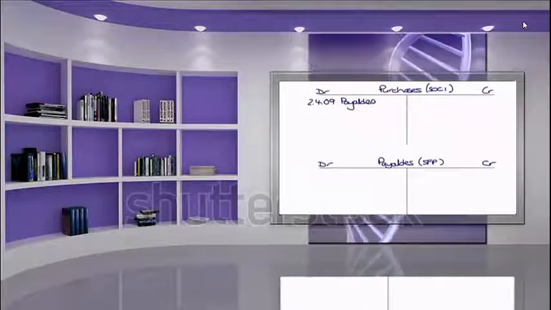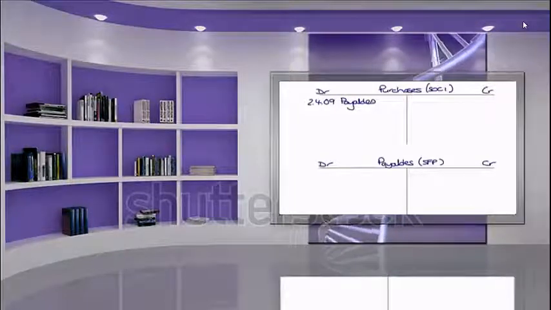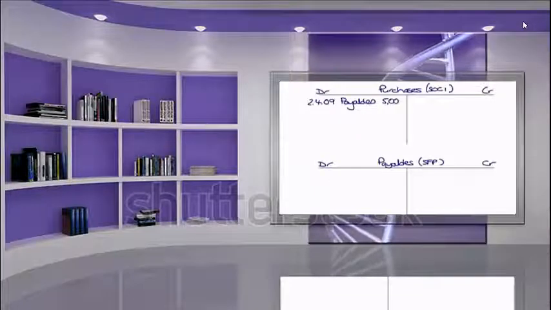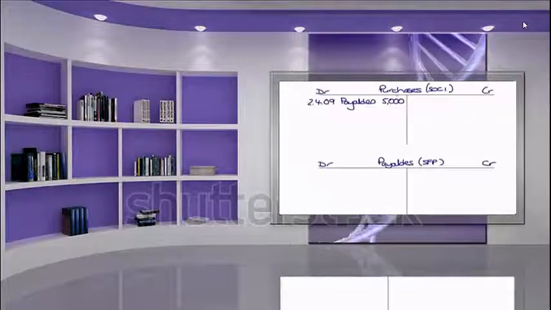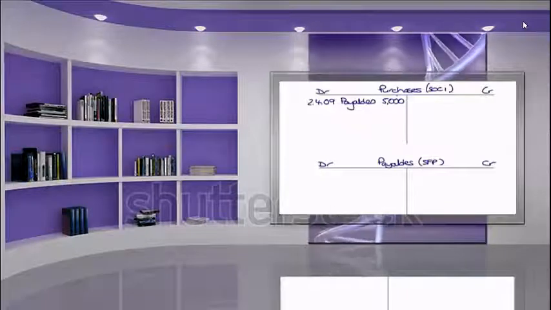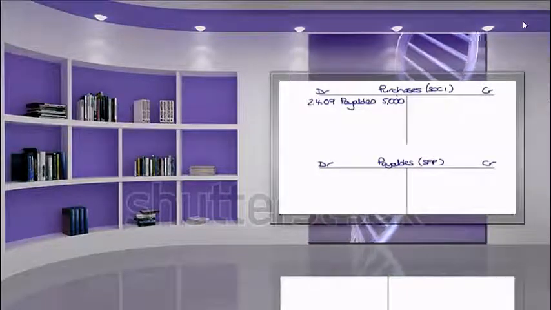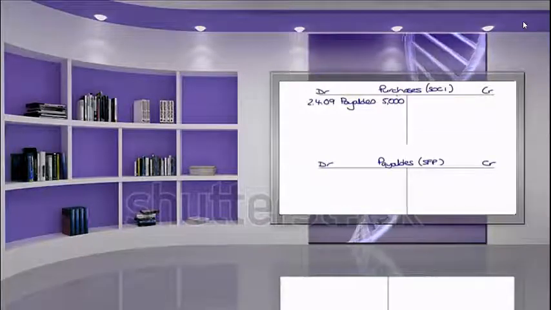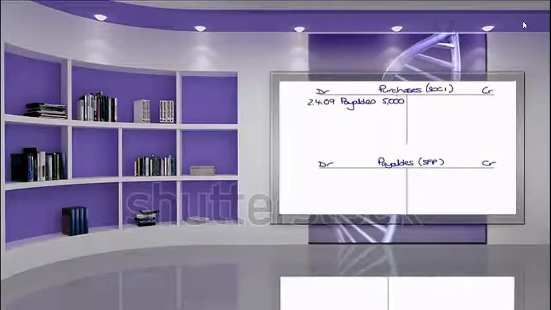Remember, that's where the corresponding credit will go. And then the amount, $5,000. Okay, so we've posted the debit entry to purchases, increased that expense account up.